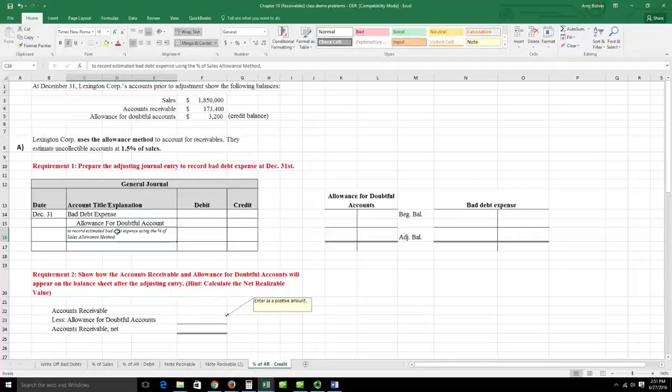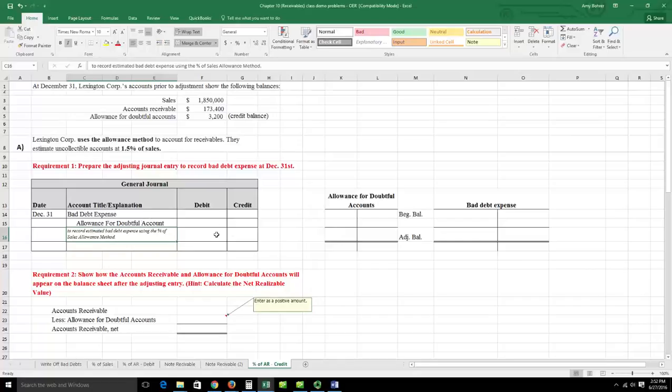So under both methods, I could go ahead and fill that in. Anytime you see that the company is using the allowance method to account for bad debt, or they're estimating uncollectibles or bad debts, you know that you're automatically going to be debiting bad debt expense and crediting the allowance for doubtful accounts. And so now we just have to figure out the amount.